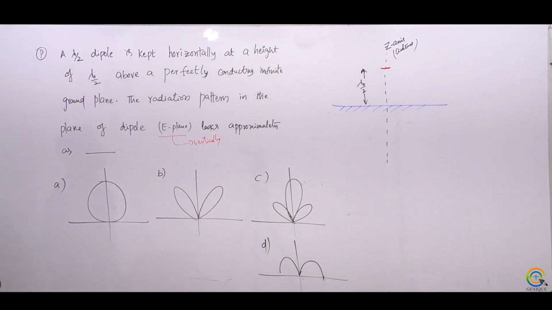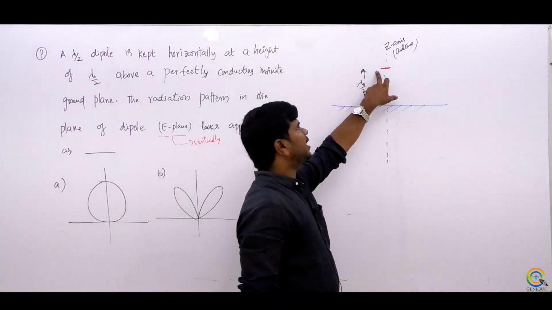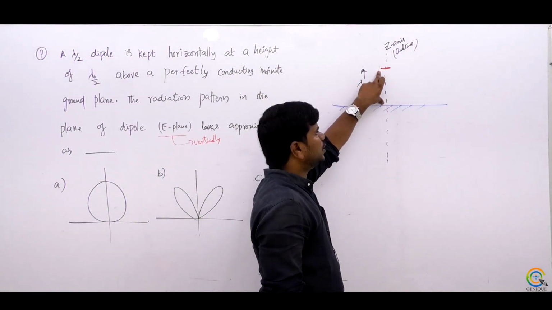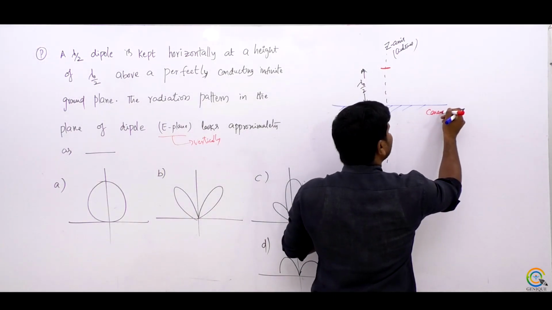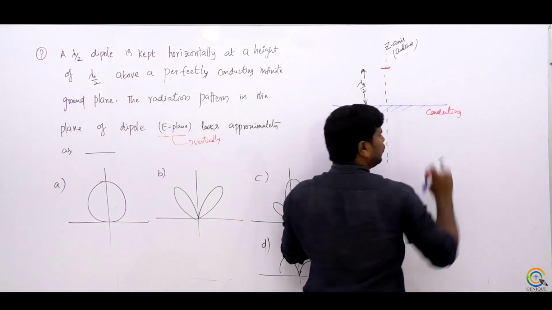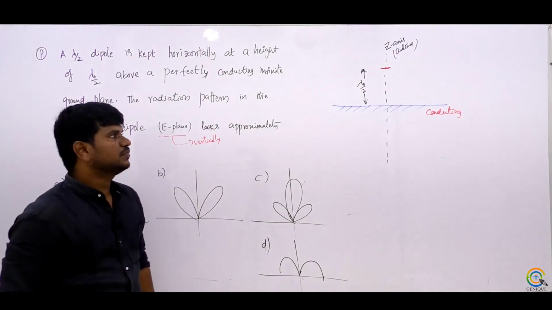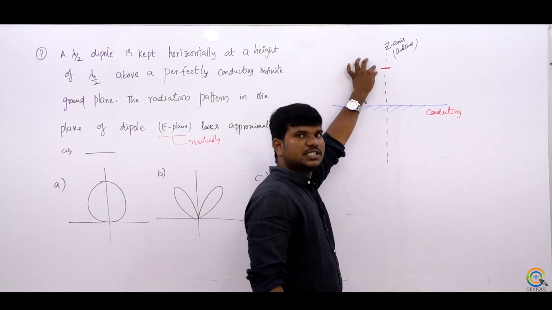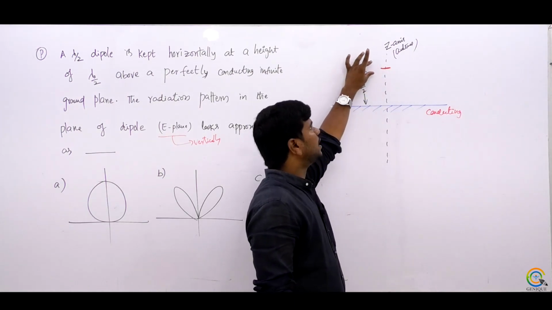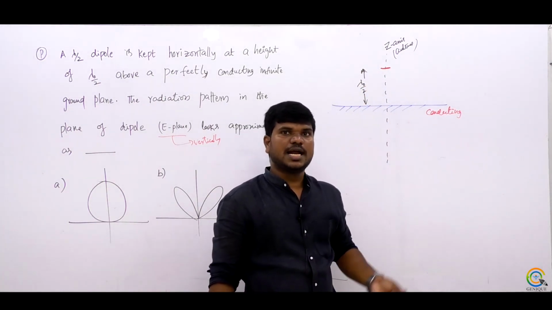How can we find the radiation pattern? If you observe it clearly, one element is placed near the conducting plane. We have to recollect one thing: if any current element or charge element is placed near a conducting surface, an image is produced at the same distance.